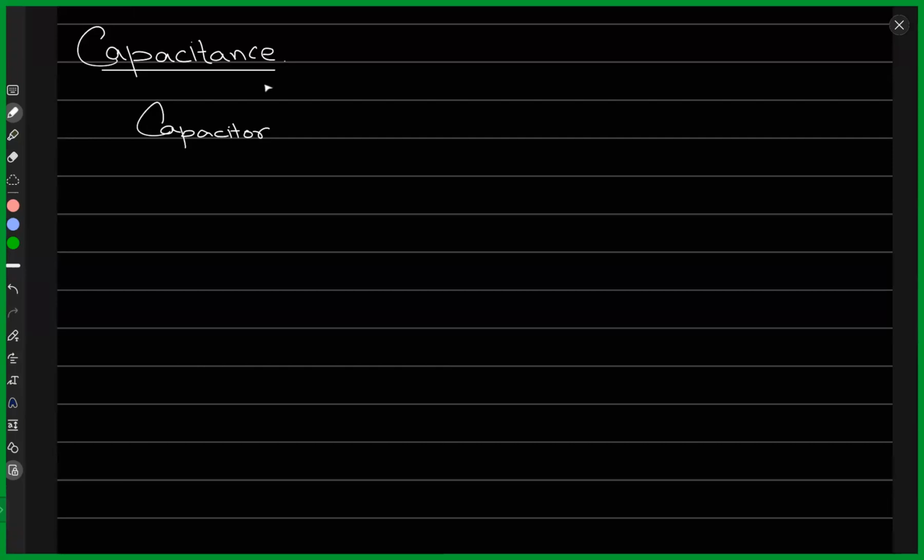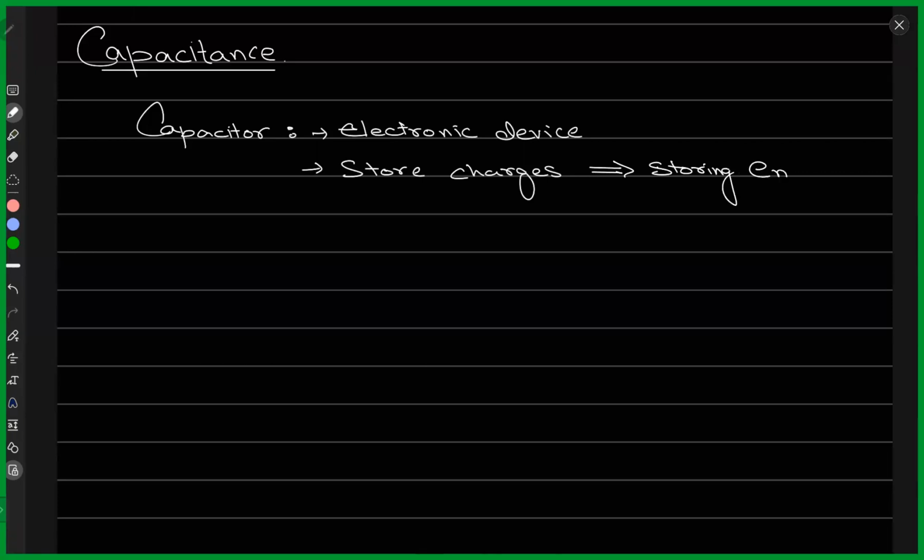So a capacitor is an electronic device which is used to store charges. If I'm saying store charges, that essentially implies that it is storing some form of energy. And we'll talk about this energy as well. Now, let's see how a capacitor is constructed, right?